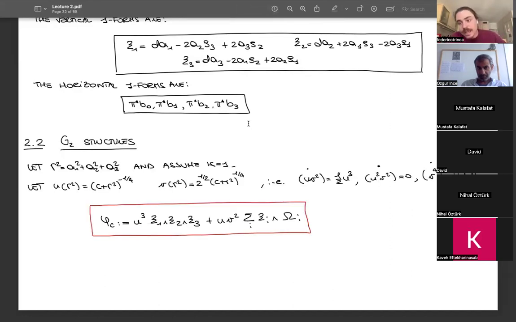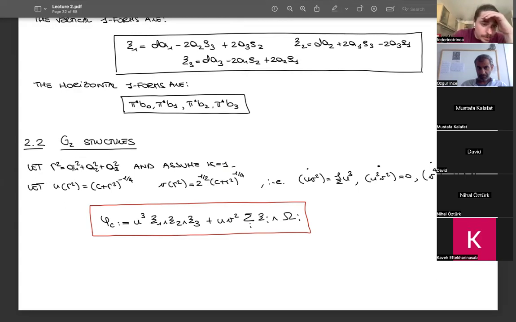So again, we can construct similarly a G2 structure. We pick R3 to be the distance from the zero section, and we assume that the scalar curvature is 1.